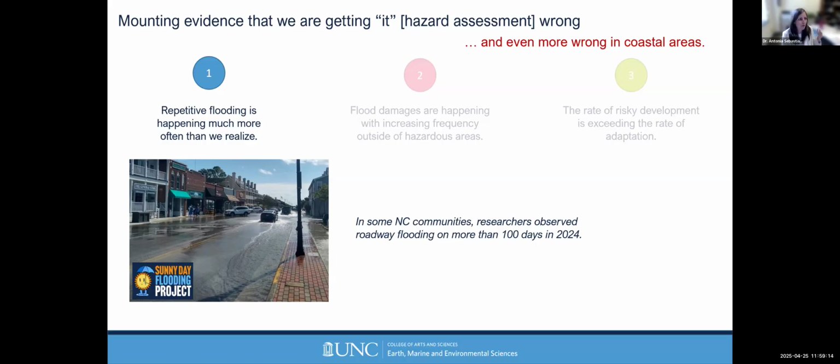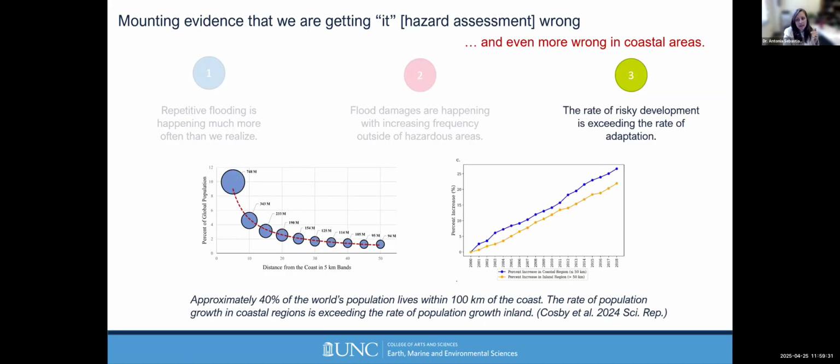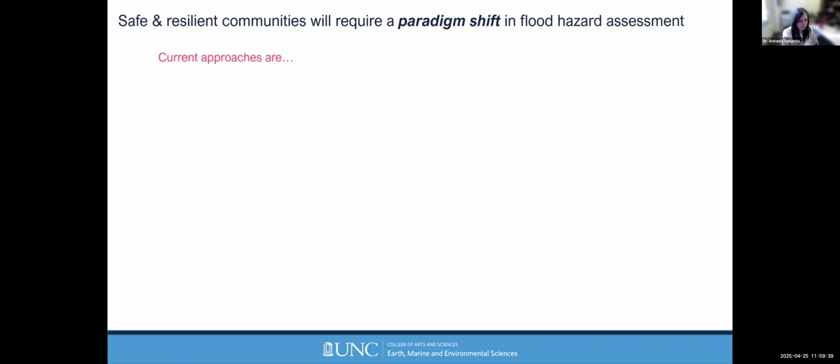So up to 100 days or more in some of these communities, some level of flooding is occurring. In coastal areas, we see the rate of flooding outside of these floodplains rising much more rapidly than in inland counties. And finally, we see rapid development in coastal areas globally at rates that exceed inland areas.